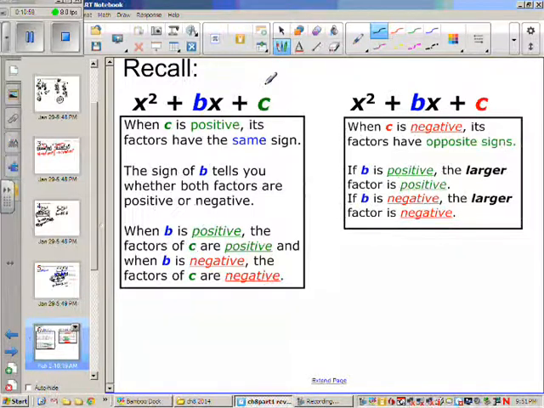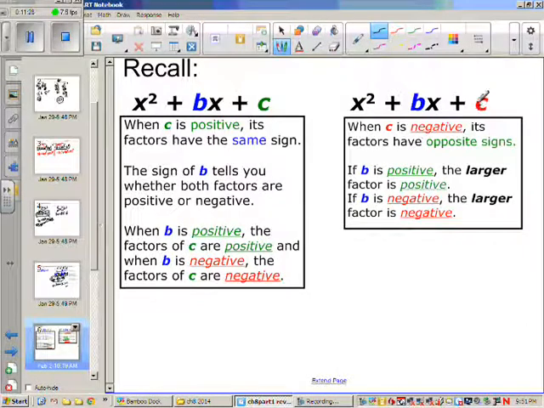We're going to factor trinomials now into two binomials. As a quick reminder, you can read through this. When the constant term is positive, we've either multiplied two positive numbers and they'll add up to make b positive, or we've multiplied two negatives that make c positive, but when you add together, the b would be negative. Likewise, notice over here when c is negative, so I could have written this as minus c.